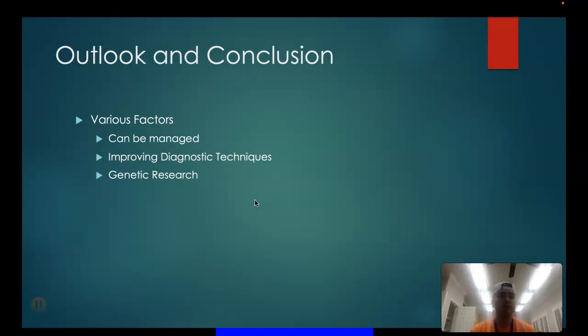Additionally, research efforts are focused on improving those diagnostic techniques. Genetic research also plays a crucial role in uncovering the underlying cause of inherited forms of anemia and potentially developing gene therapies or targeted interventions.